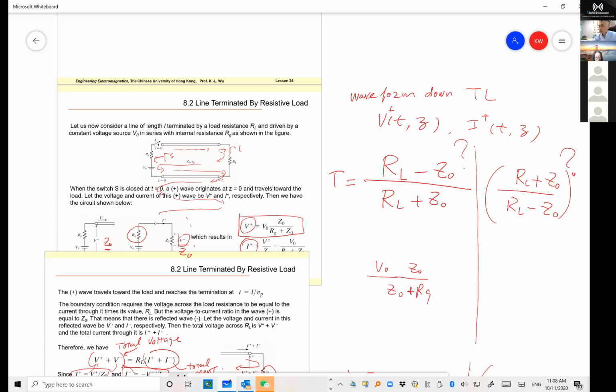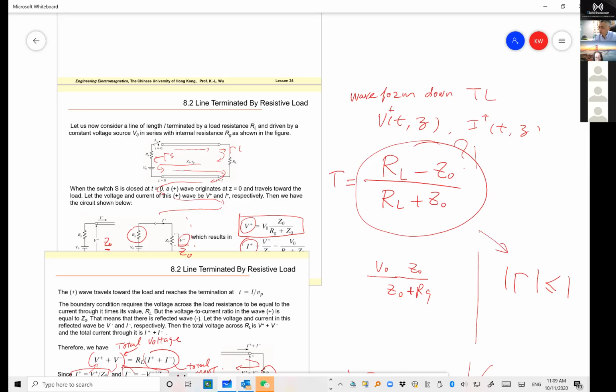But you cannot have infinitely large reflection. That does not physically exist, because the reflection coefficient magnitude is always less than or equal to 1. So when you get confused, forget about that one. It never exists. Only this one satisfies the relation.